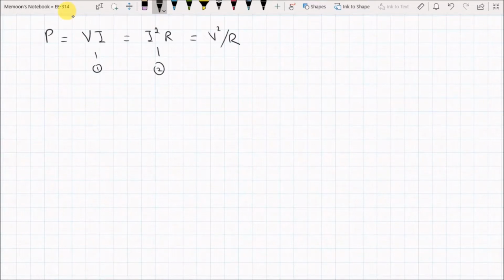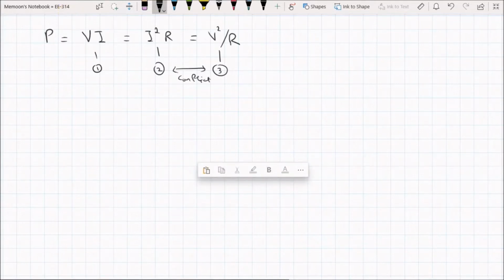If we see the second, if either the resistance or the current increases, the power dissipation increases. But if we see the third, the power dissipation will increase if the voltage increases, but it will decrease if the resistance increases. So there seems to be a conflict in these, and that is what we are going to clarify today.